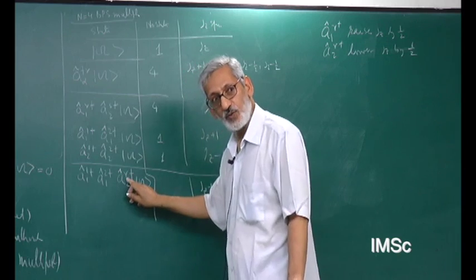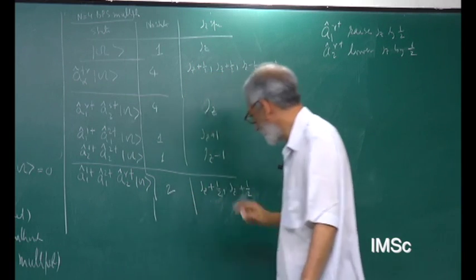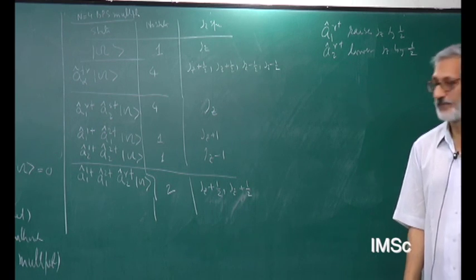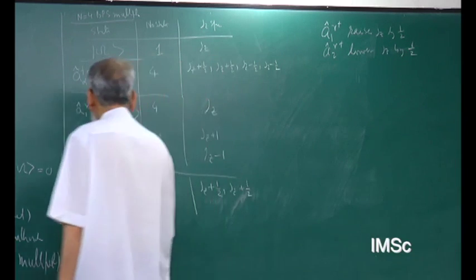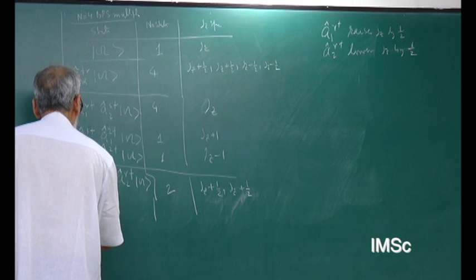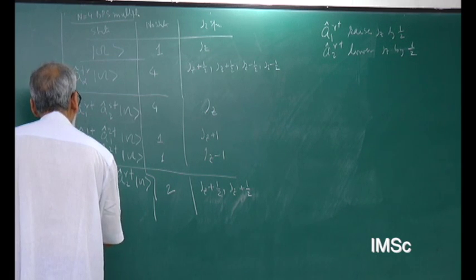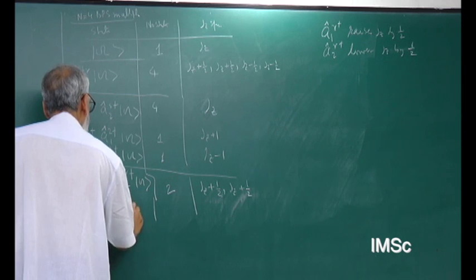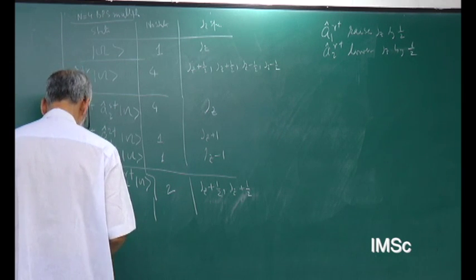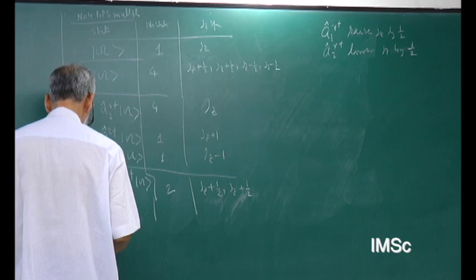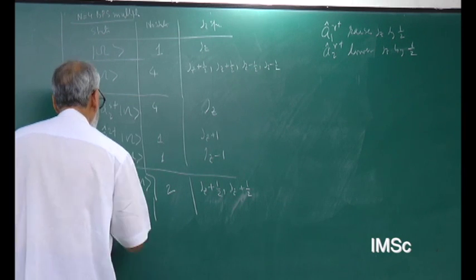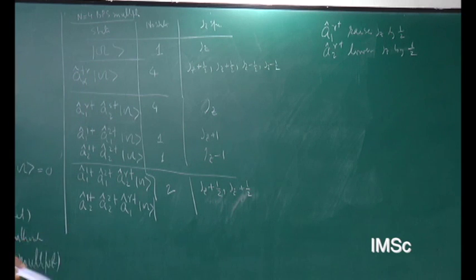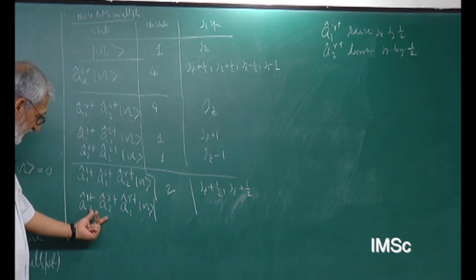Since R takes values 1 and 2, there are two states here, both with the same JZ value. Then A2 1 dagger, A2 2 dagger, A1 R dagger.